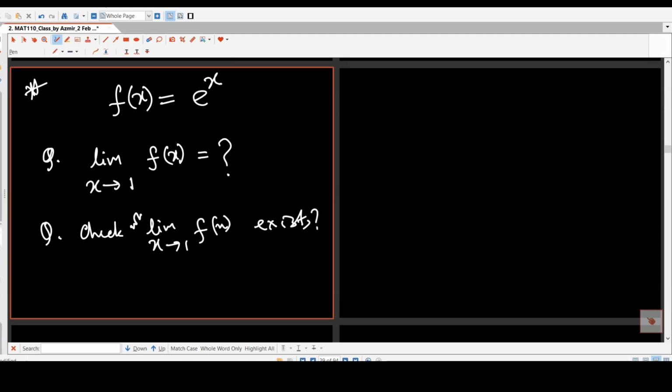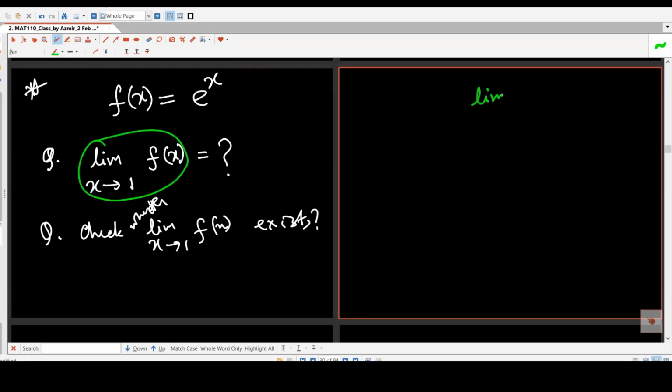This time we have taken a single function, f of x. Our main part is the limit of f of x as x tends to 1. Since this is a single function, we can go directly, but I am going with the same technique that we learned earlier. We know that this main limit can be divided into 2 parts. Let me write it down here. Let's say this is method 1.